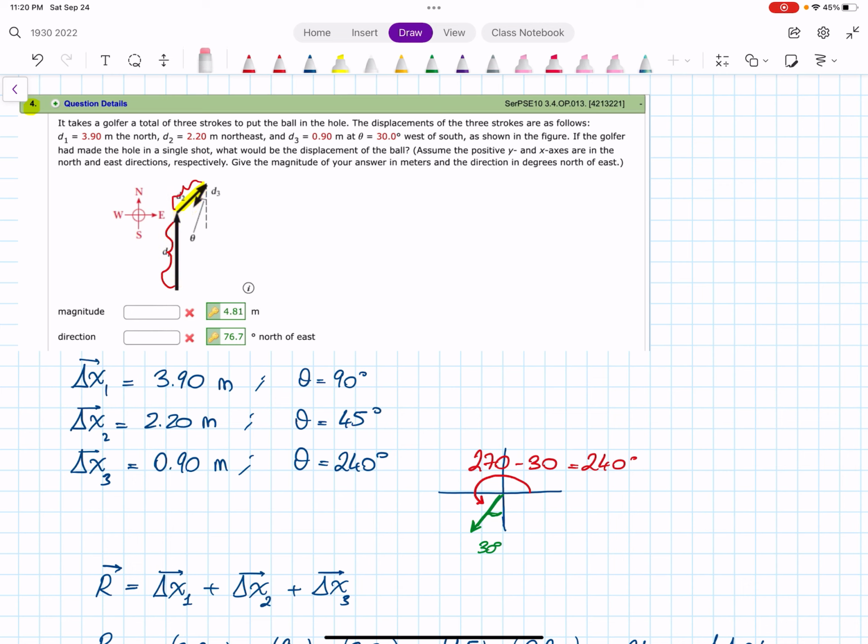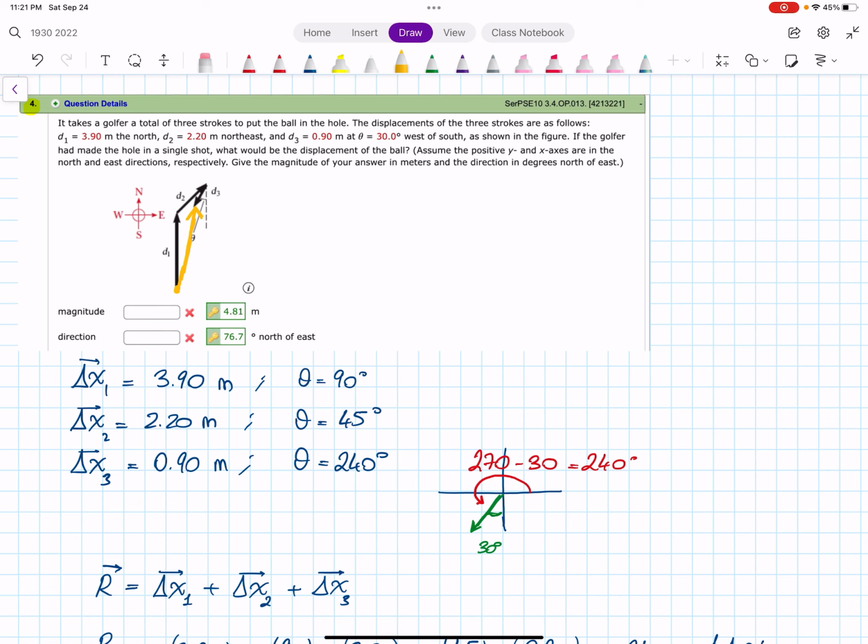Now the question is, if the golfer had made the hole in a single shot means what? It means starting from the starting point all the way up to the hole, right there. This is the vector in question, right?